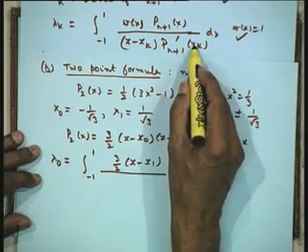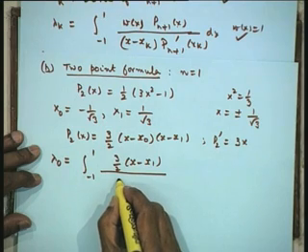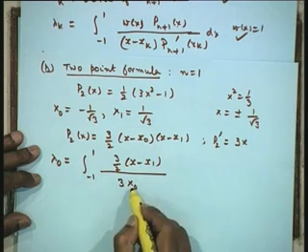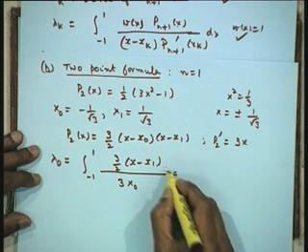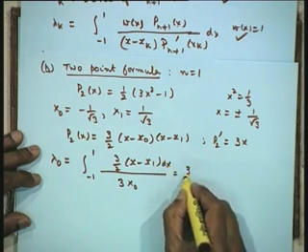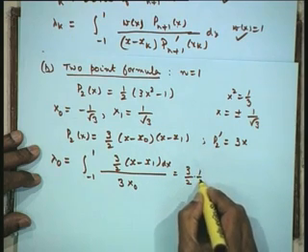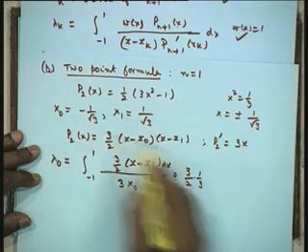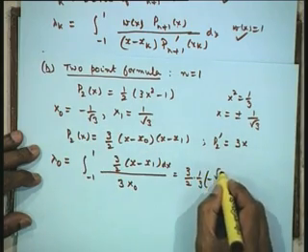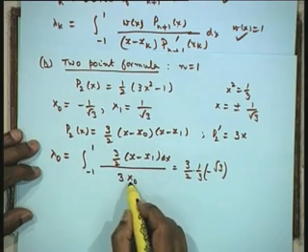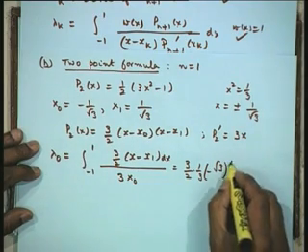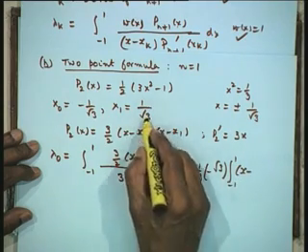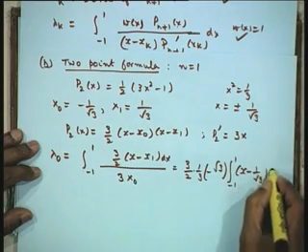Therefore, this is P 2 dash at x k, that is 3 times x 0. We are talking of lambda 0, so I will have this as x 0 and dx of course. Therefore, this is 3 by 2 into 1 by 3, x 0 is a constant and x 0 is minus 1 by root 3. So, let us take it out, minus root 3, x 0 I have taken out, integral of minus 1 to 1, x minus x 1, that is x minus 1 by root 3, dx.